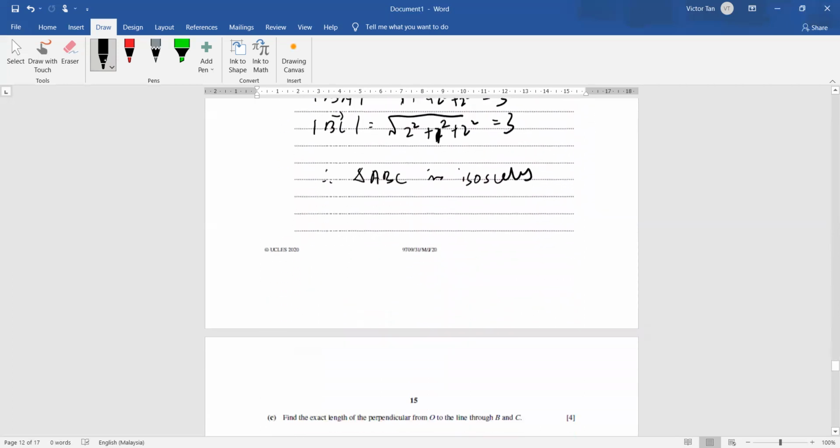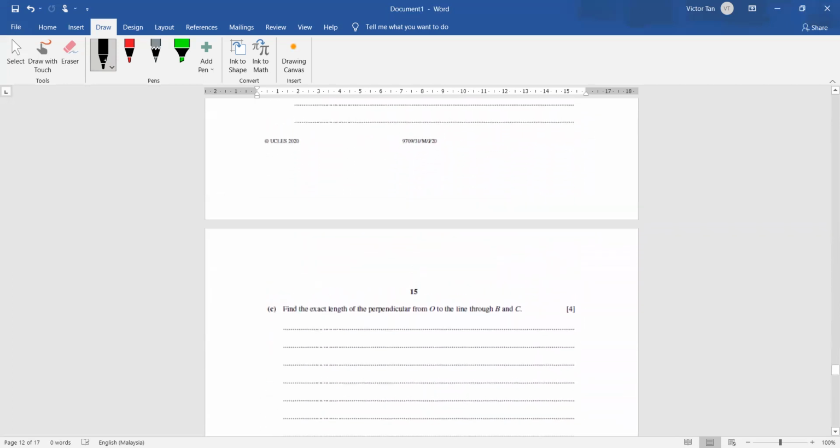A2 vectors questions are like AS previously. Find the exact length of the perpendicular from O to the line through BC.